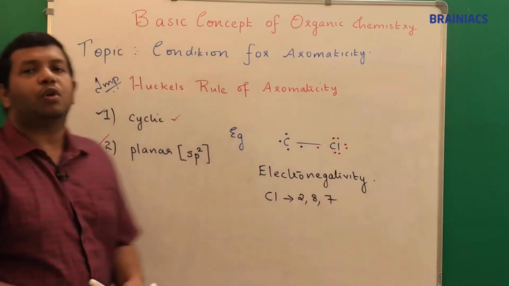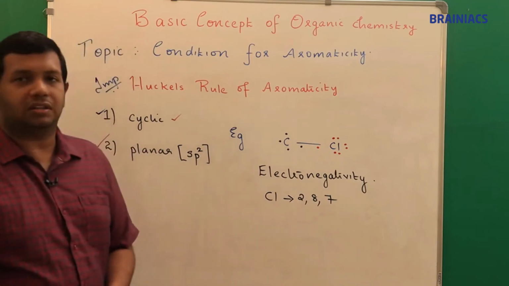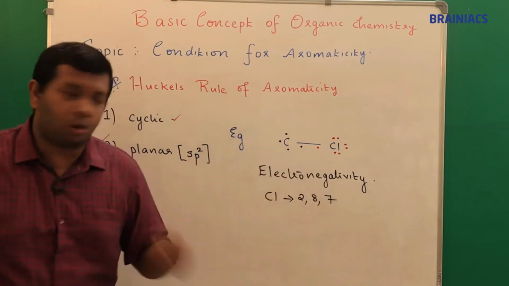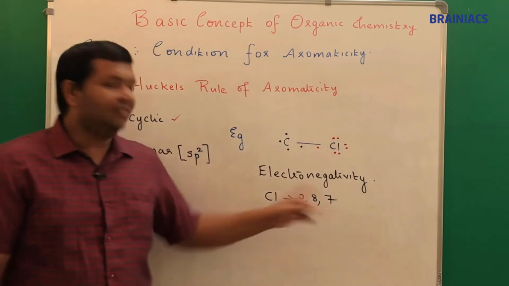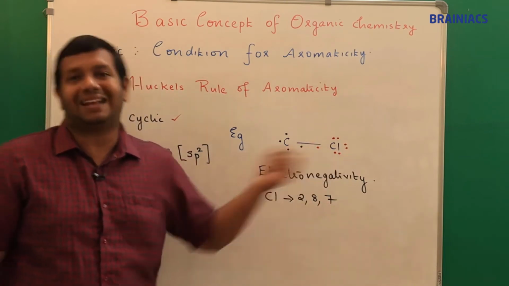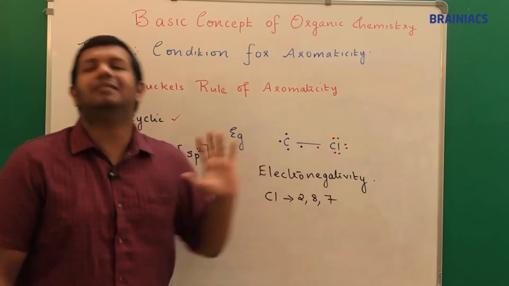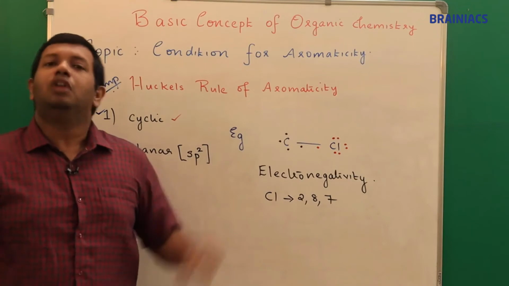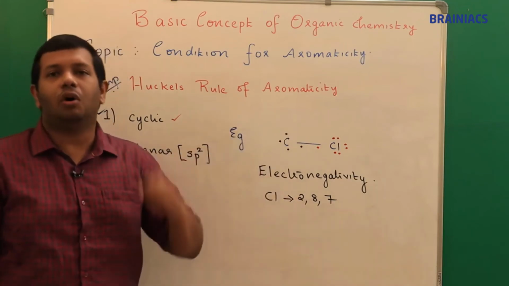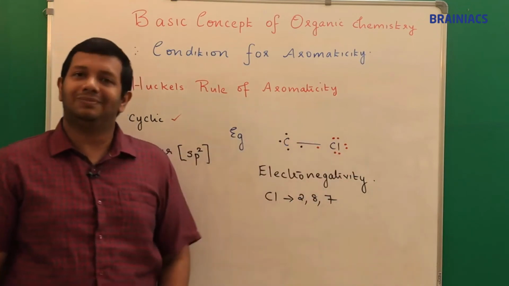Now tell me, for chlorine to attain the octet, whether it needs to attract an electron or lose the 7 electrons. You know that to attain stability, it should attract one electron. This tendency of chlorine to attract the electron to attain stability is called electronegativity.